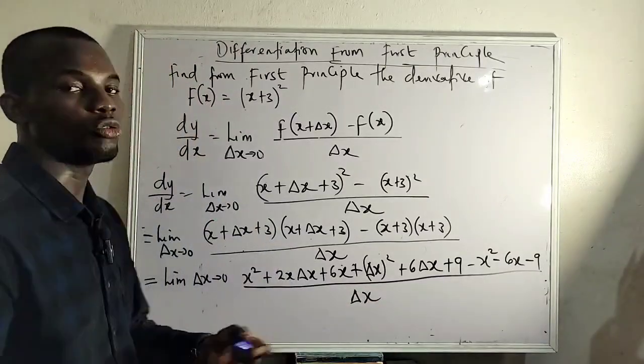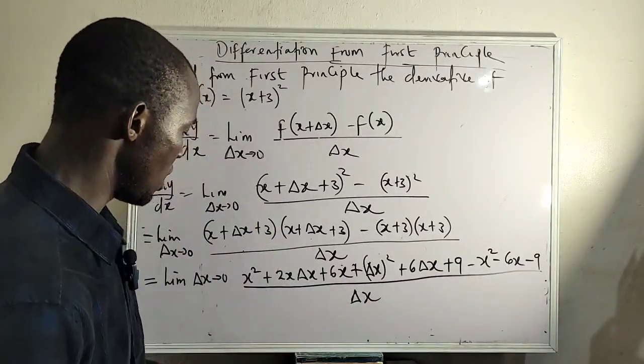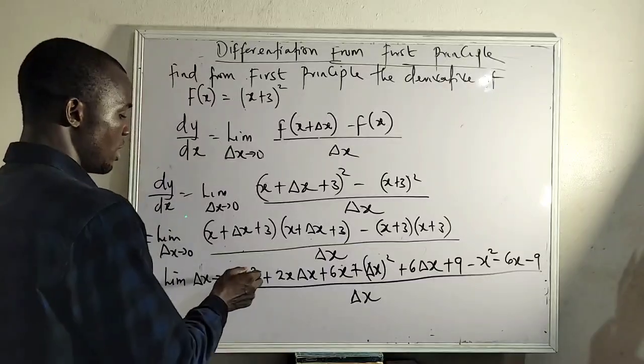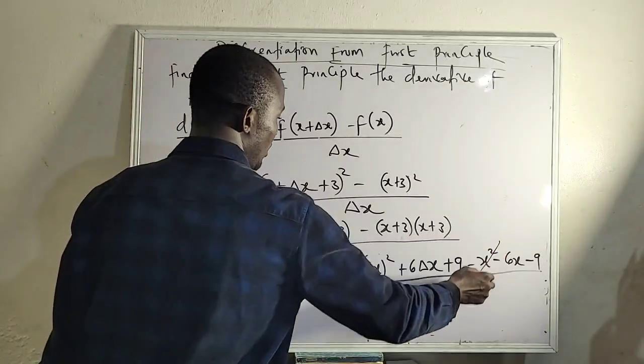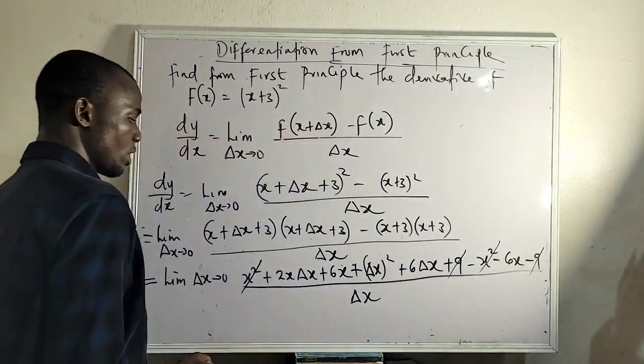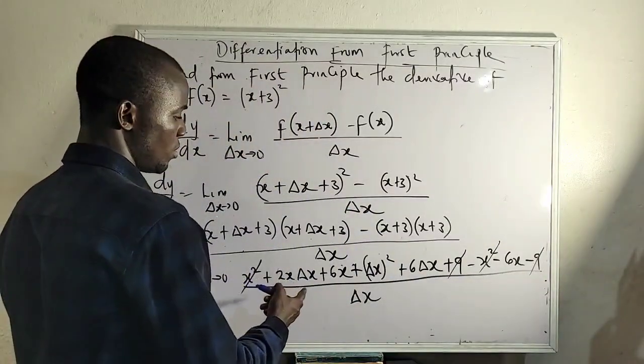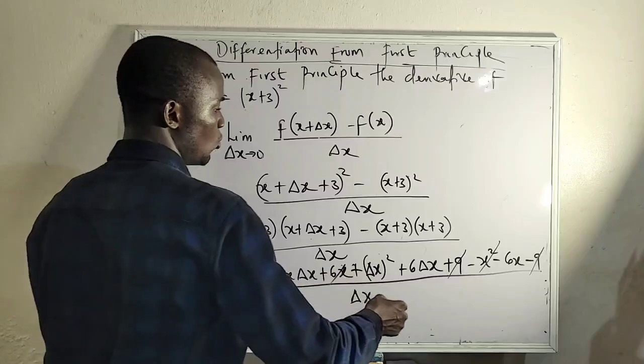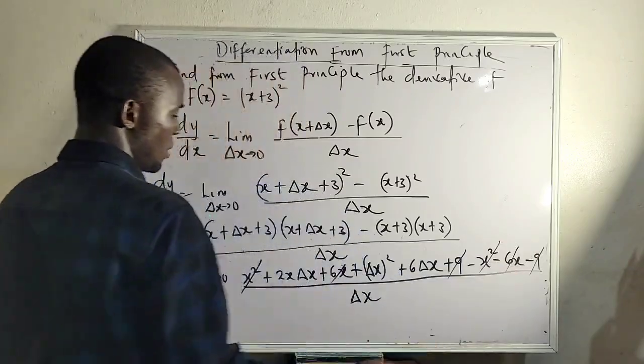So let's begin to take away some stuff. X squared will go away with that. Plus 9 will go away with minus 9. And then this 6x will go away with this 6x. And what are we left with?